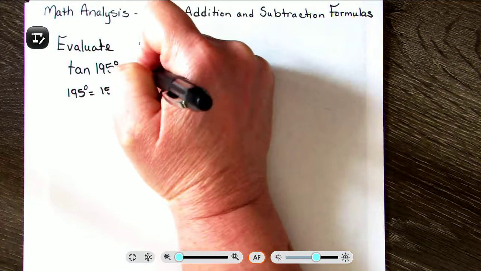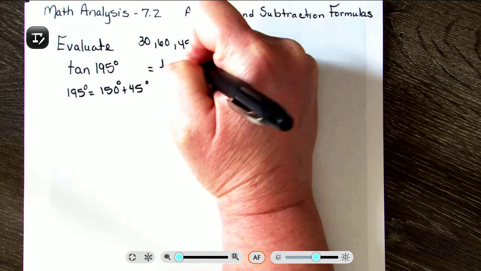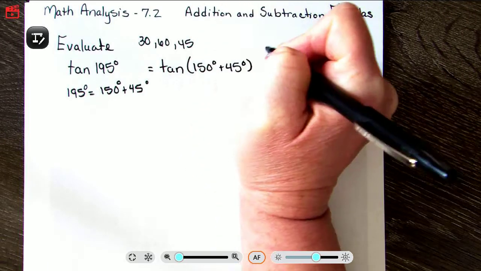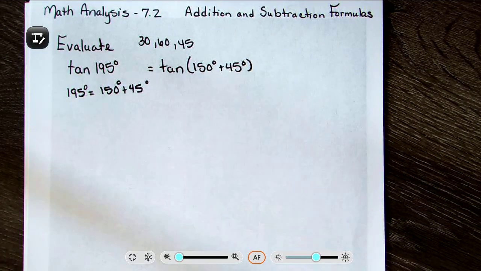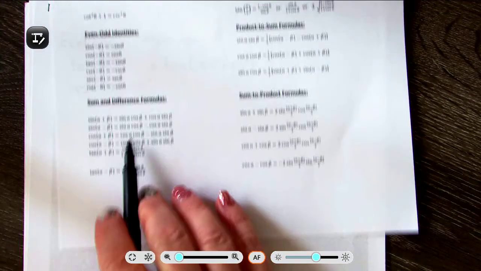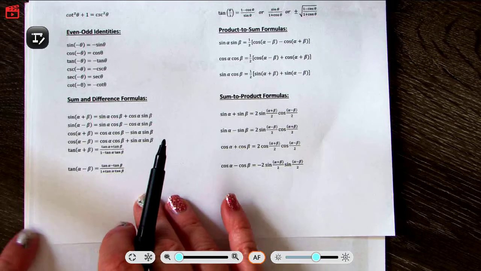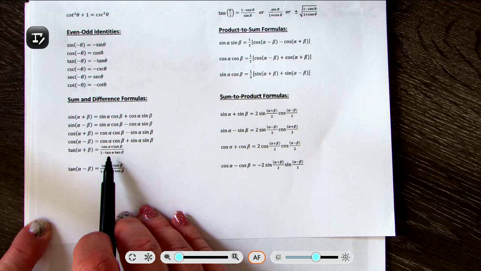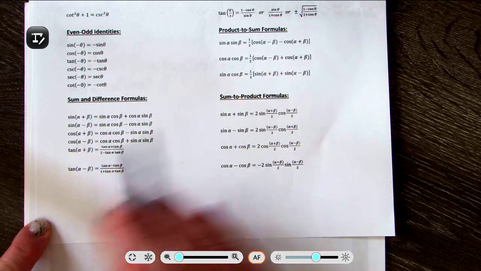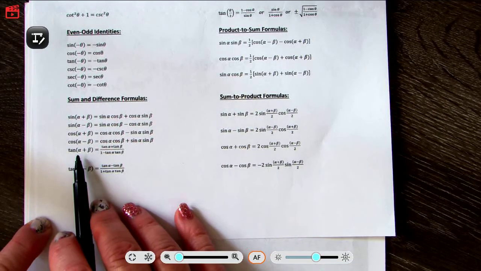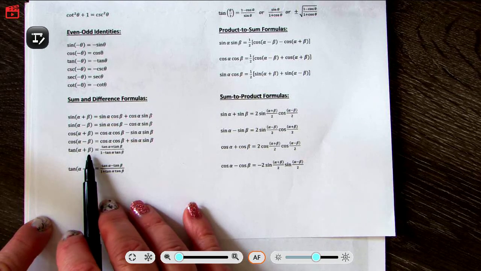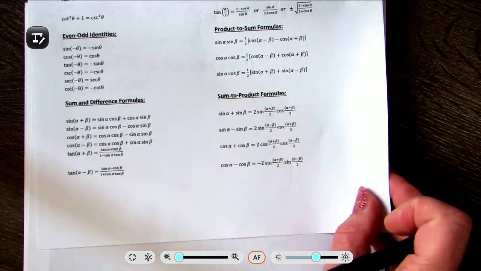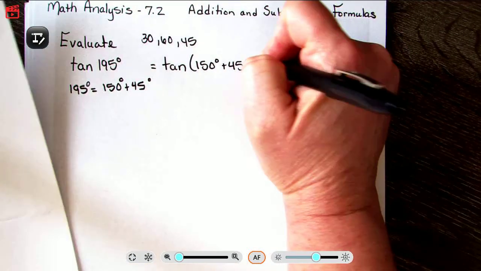So I'm going to rewrite this as the sum of these two angles, and then I'm going to calculate the formula here. I'm going to substitute the alpha being my 150 and the beta being my 45 into this equation that I have.